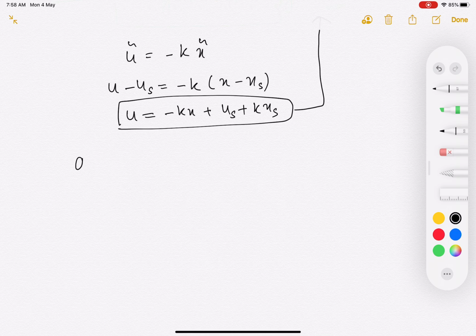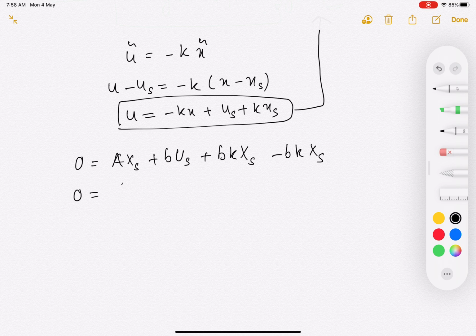Take the original equation, 0 is equal to axs plus bus, and in this original equation let us add and subtract bkxs.